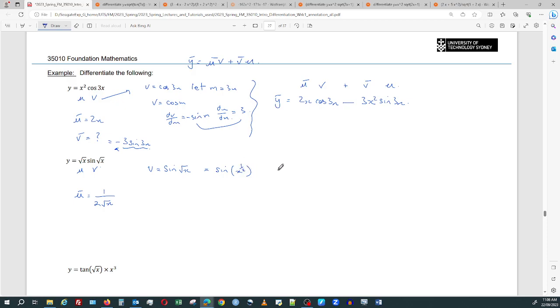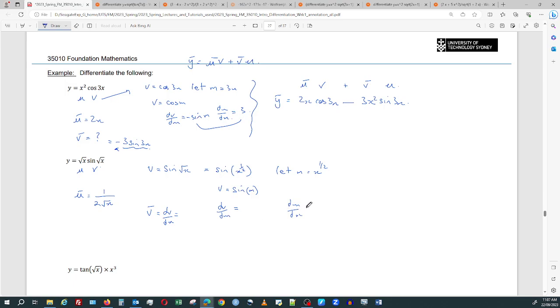Okay, so we're going to let m equal x to the half. Therefore, v will be equal to sine m. So dv dm and dm dx will cause us to have v dash.